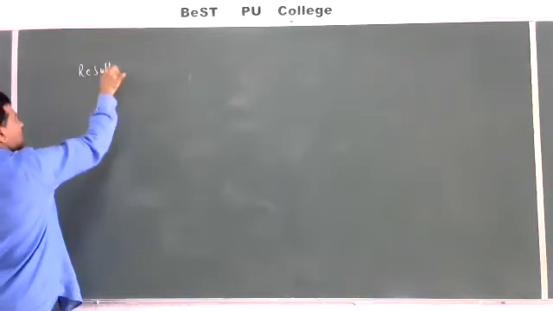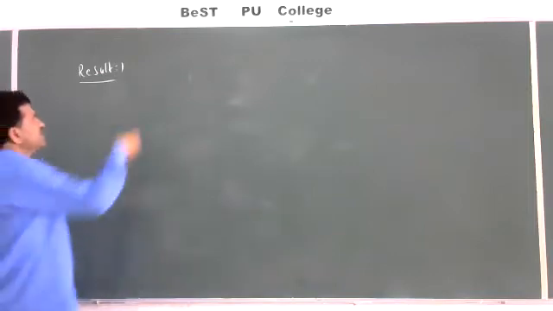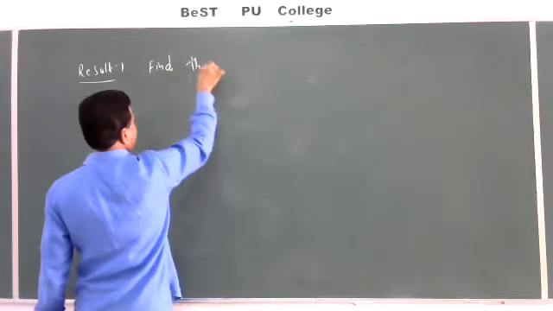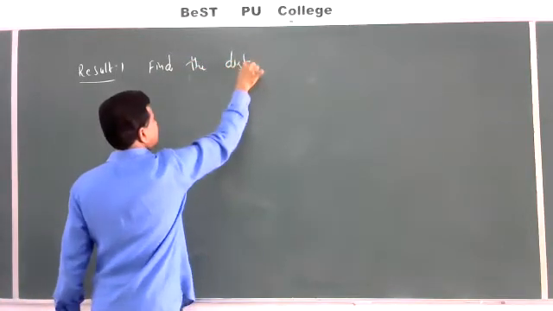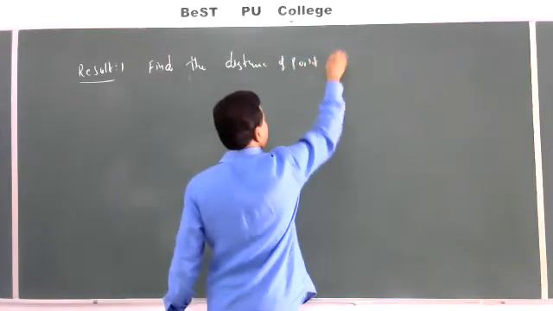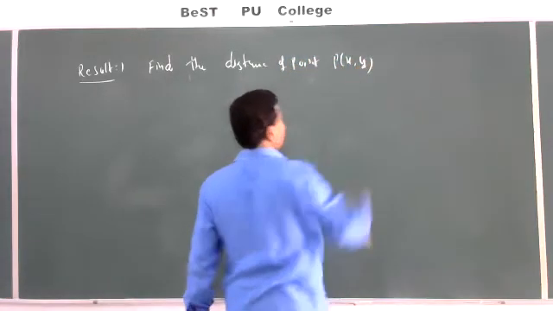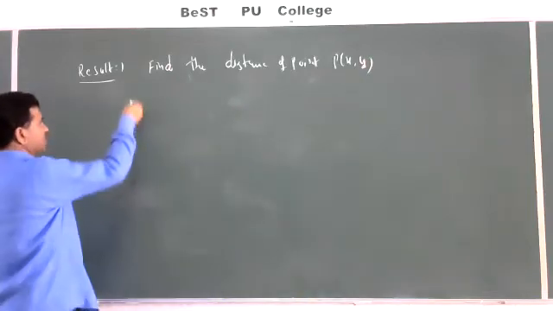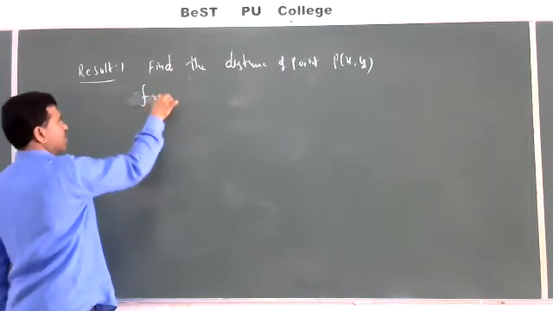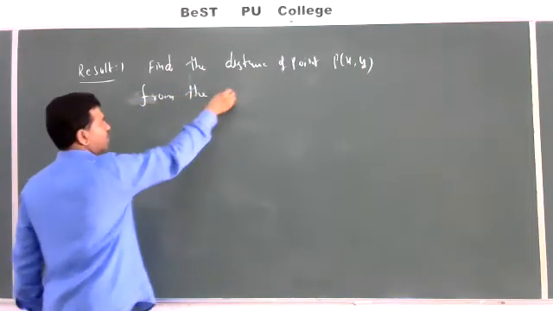The first one, note down, result 1. Find the distance of the point P(x, y) from the origin.